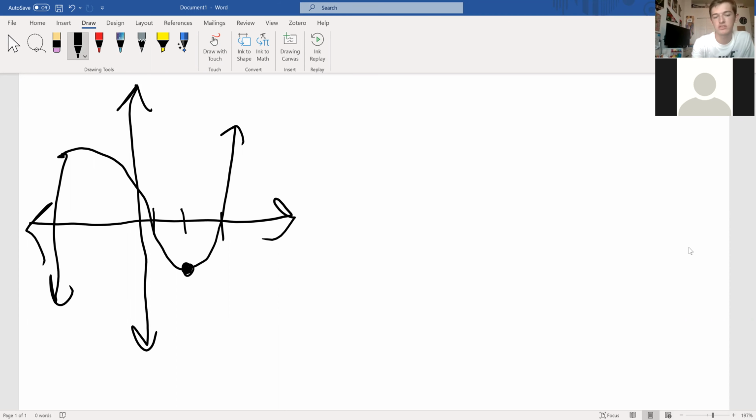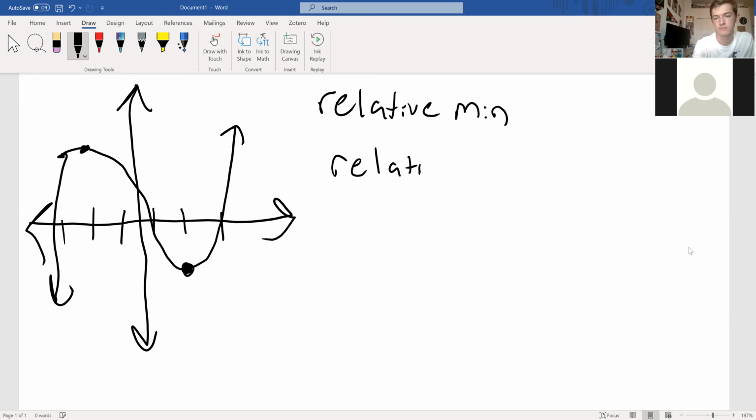So this is its relative minimum. And then same thing on this one at the x value of x equals 2. When you're finding your relative min and relative max, you're just looking for the points where it switches direction. It's kind of somewhat obvious.